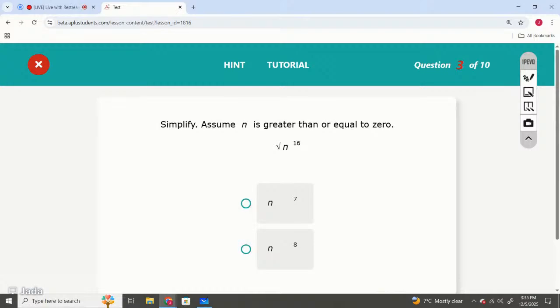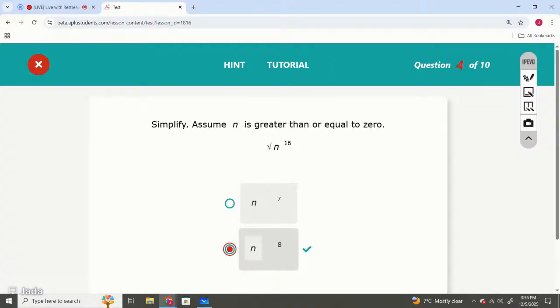Square root n exponent 16 equals. That is n exponent 8. Option number 2 is the correct option.